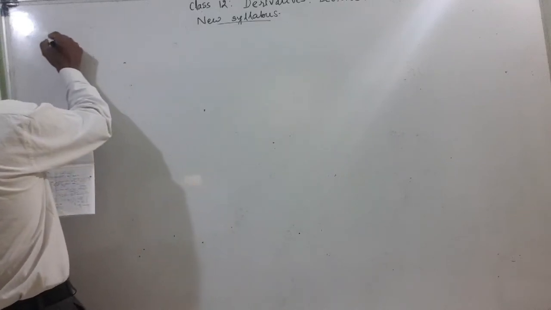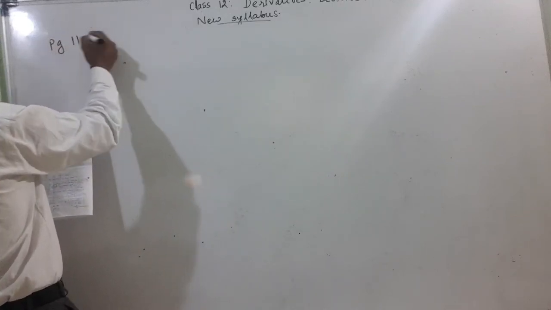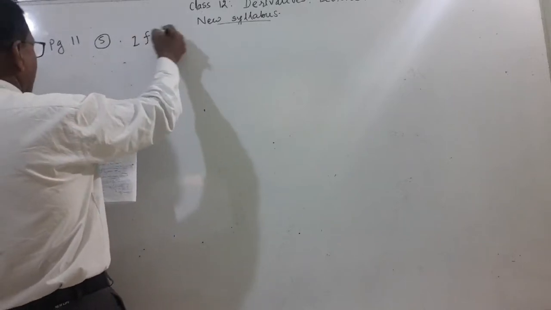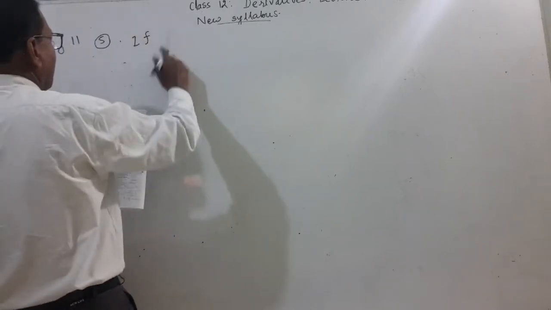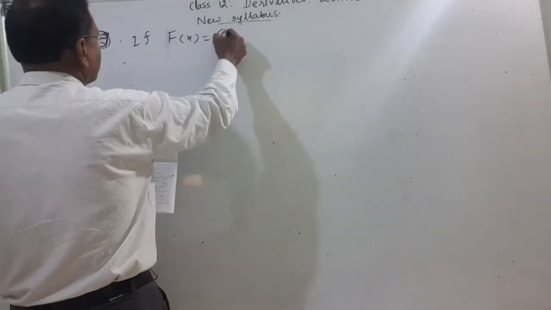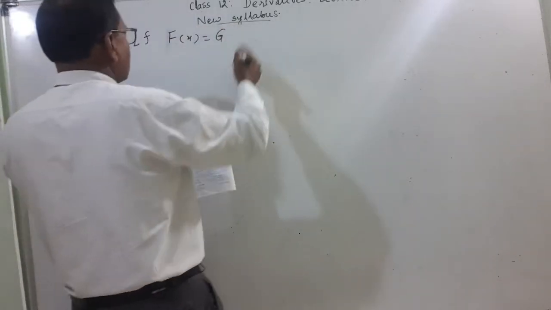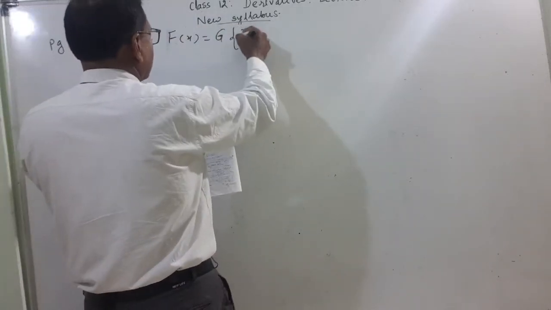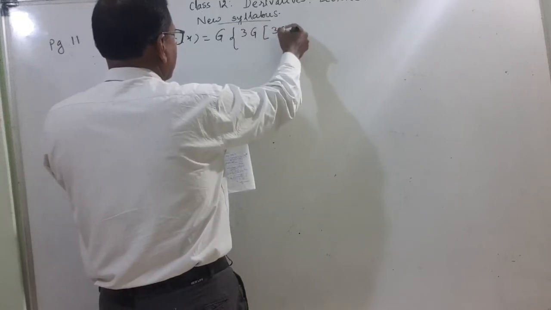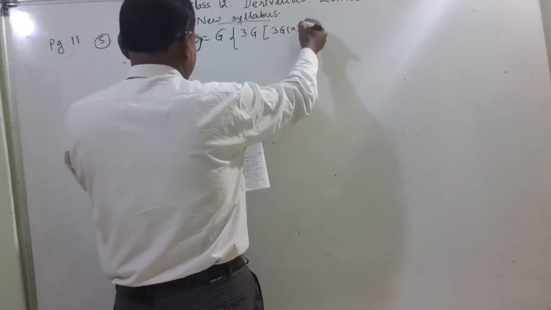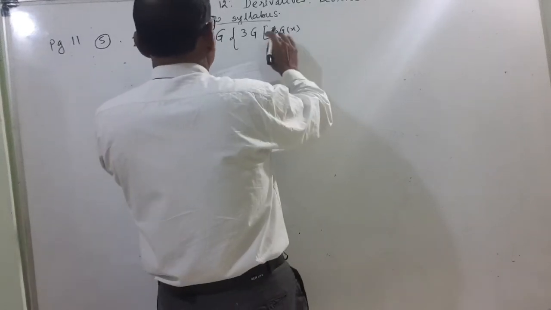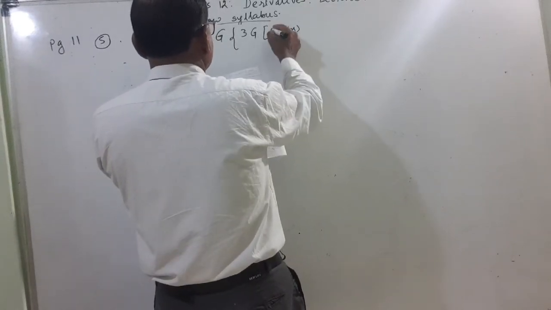Page number 11. It is the 5th example. If capital F of x is equal to g of 3g of 5g of x. No, I am going wrong. 3g of 5g of x.